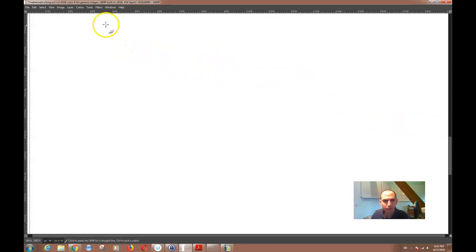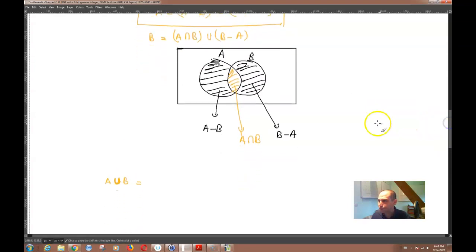A union B is equal to A union B minus A, because B minus A is basically this part, and A union B is basically this whole part over here.